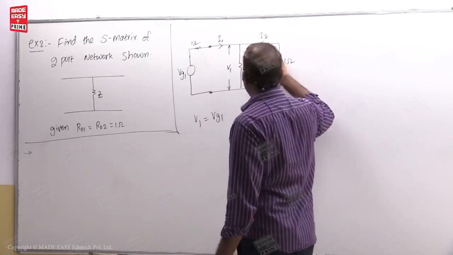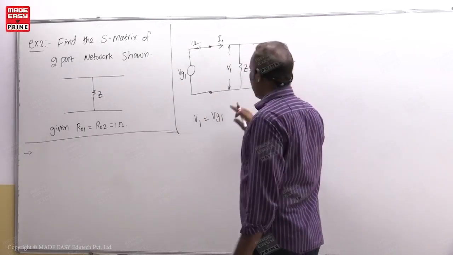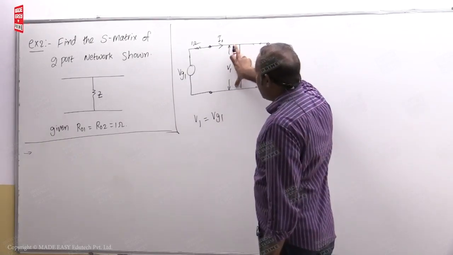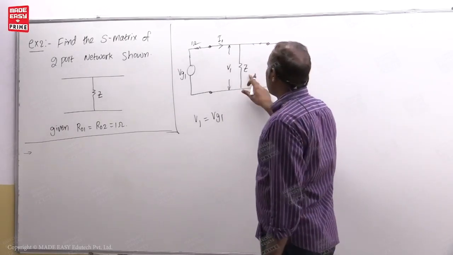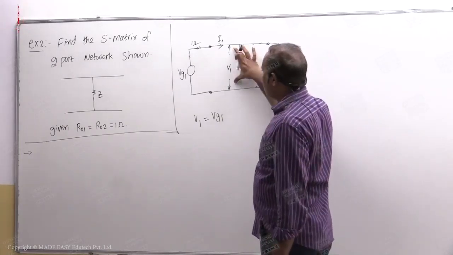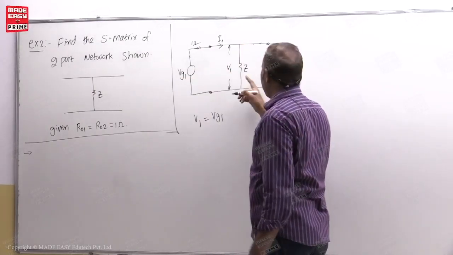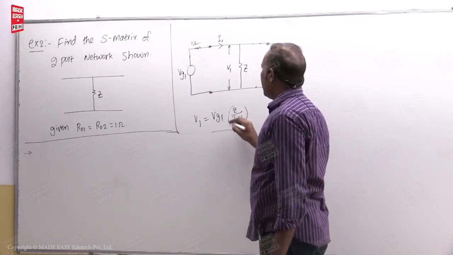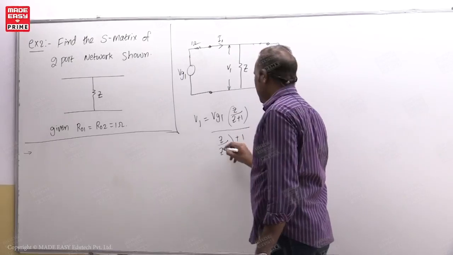For the time being I am removing them, because I2 is nothing, and I want V1. V1 means the voltage across these two. Now the parallel combination becomes Z into 1 divided by Z plus 1, so the voltage V1 is equal to Vg1 multiplied with this impedance, that is Z into 1 by Z plus 1 parallel combination, divided by this impedance plus that impedance, so Z by Z plus 1, plus 1.